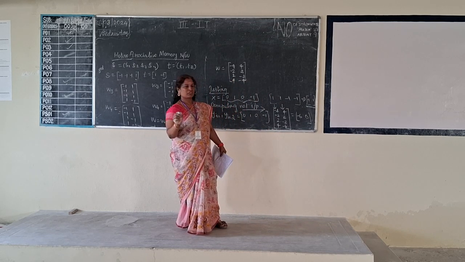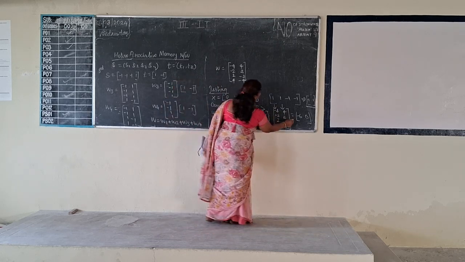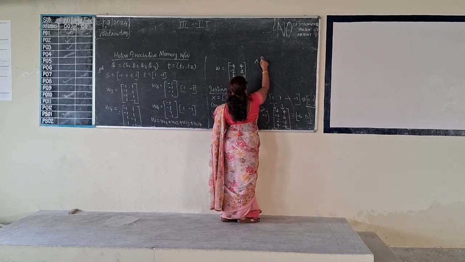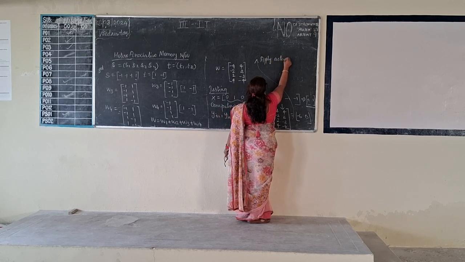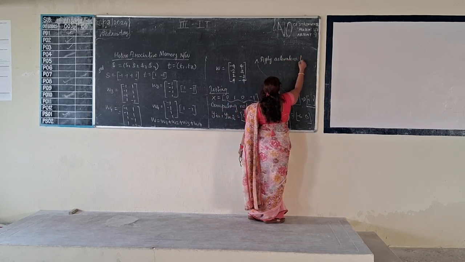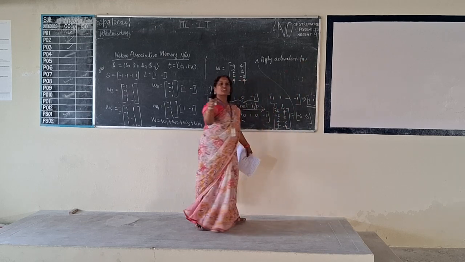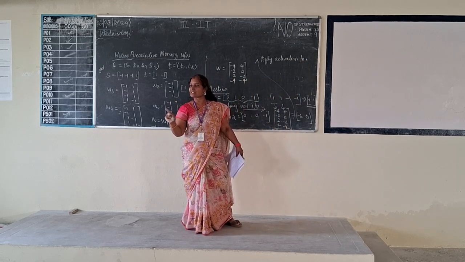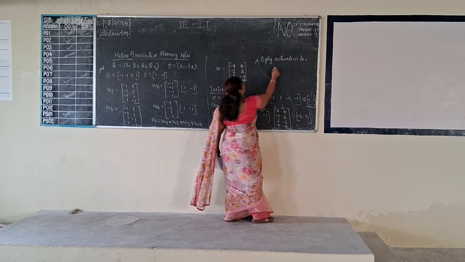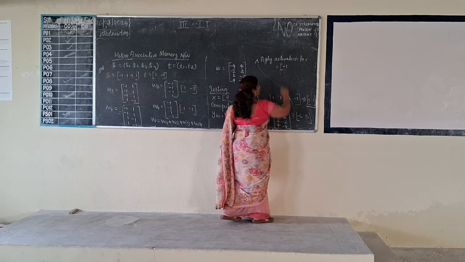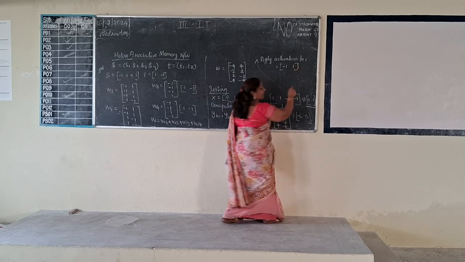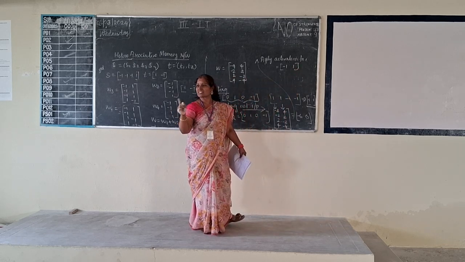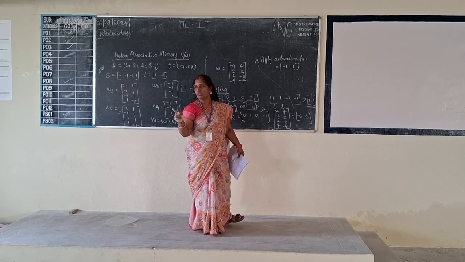After this step, apply activation function. You know to apply activation function. If it is less than 0, the value will be minus 1. If it is greater than 0, the value will be plus 1. You have it in your algorithm. Testing algorithm says this rule.